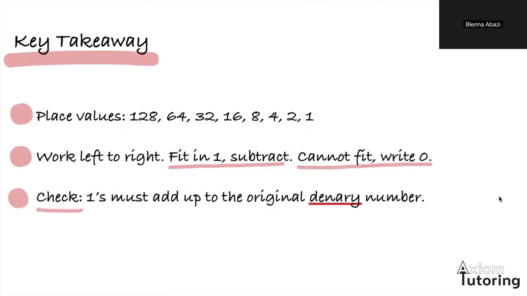So remember the process: if the number fits, then you write a 1 and you subtract. If it does not, then you just write 0. And lastly, it's really good practice to check that the number you've converted is actually correct. You do that by adding up the ones to the original denary number. In that way, you can ensure that your result is actually correct.